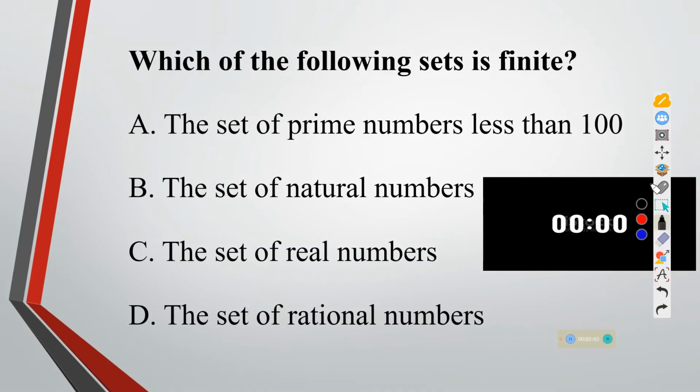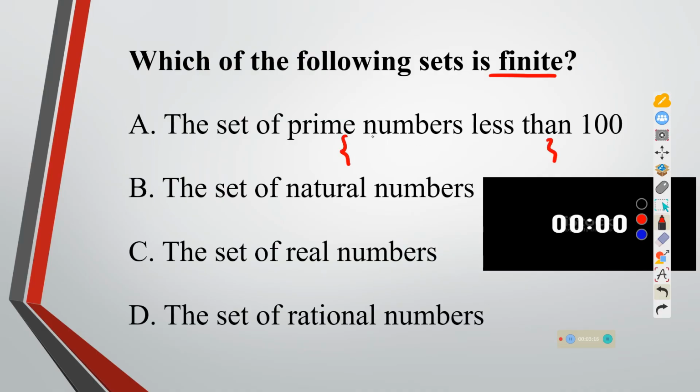The question says, which of the following sets is finite? We shall look at our options. However, before we look at these options, you must know what finite sets are. We are given A, the set of prime numbers less than 100. We can easily count, state and list the elements within this set.